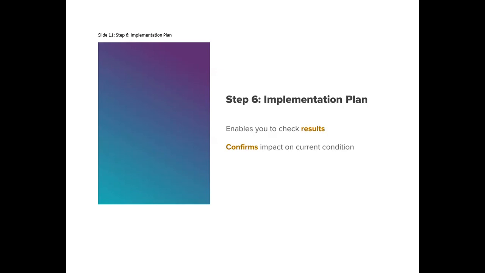Step 6 is to create an implementation plan that will enable you to check the result. Of course, as we spend the time in the plan section, then brainstorming is there, and then we have to check the results and really confirm if it had an impact on the current condition. If there is a proper impact on the current condition, then your result is exactly at the success level.